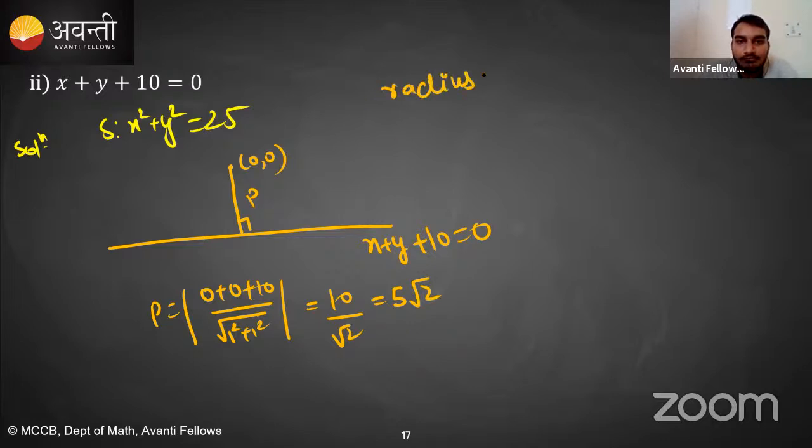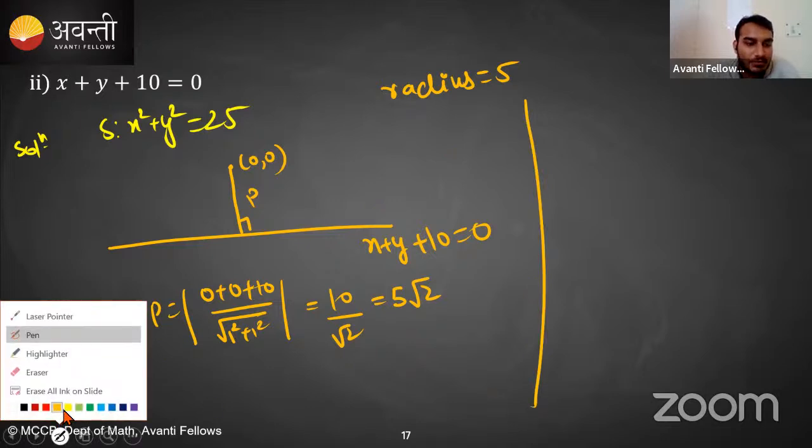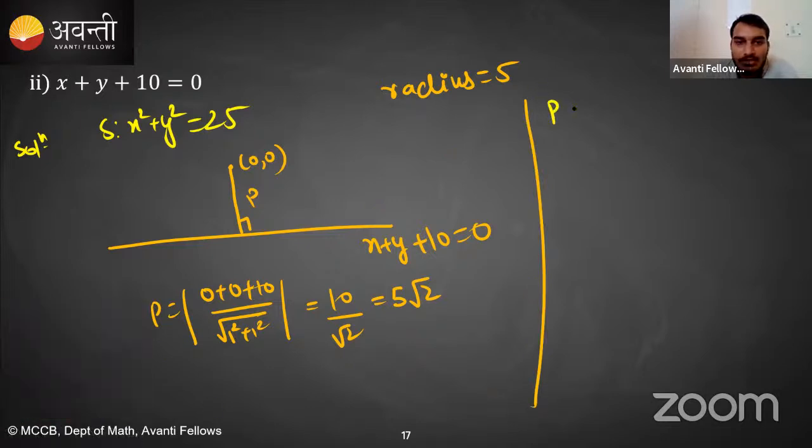And what is the radius? Radius is 5, and this is the perpendicular distance. So clearly you can see that the perpendicular distance is greater than the radius. So it implies the line is passing outside the circle.